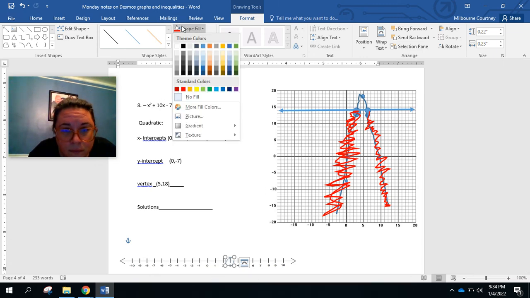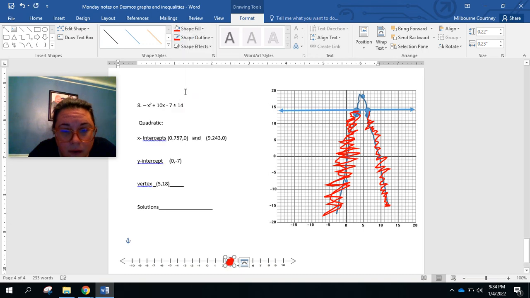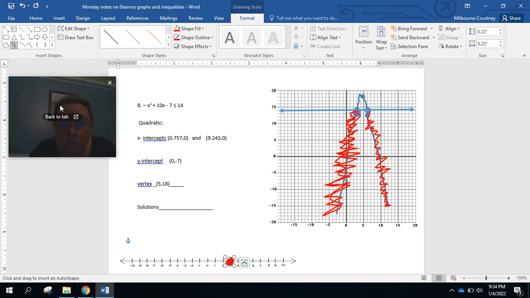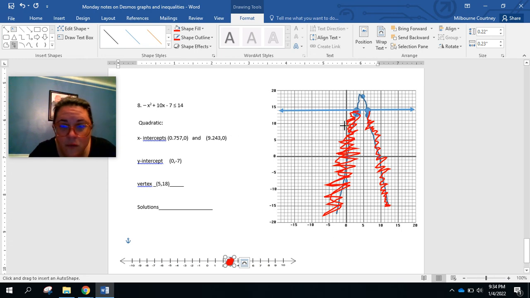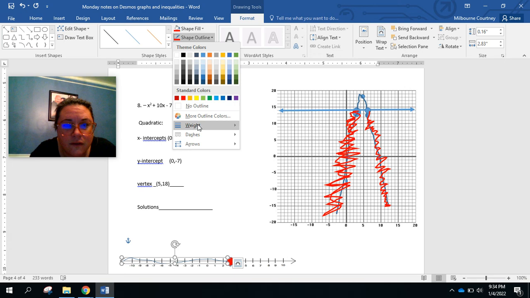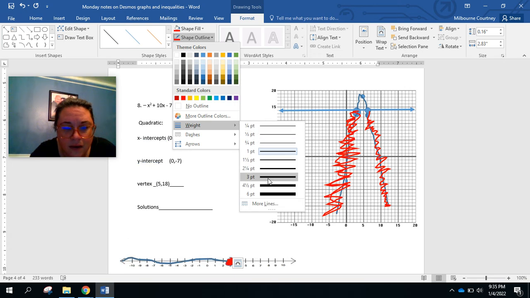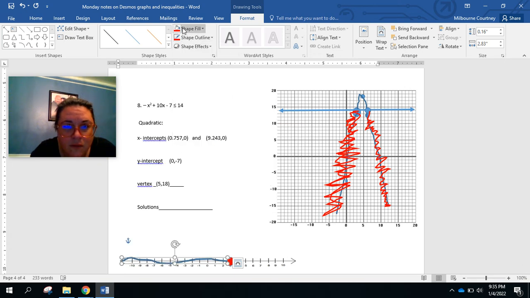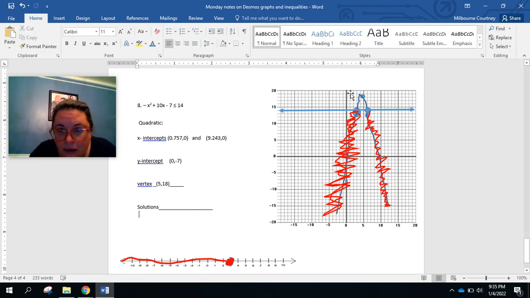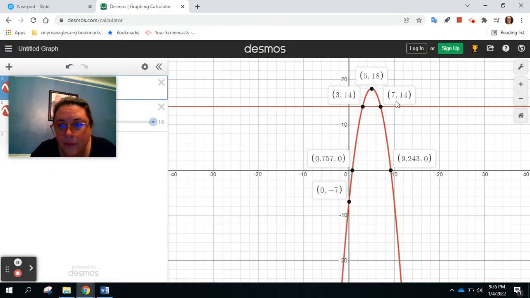Shape fill. Boom. Let's go red. And then we have to shade to the left because this is moving in the left direction. Let's make it thick so you can see it. Let's make it red so it's uniform. There we go. And then this one I believe was at 7. Yep, that's 7.